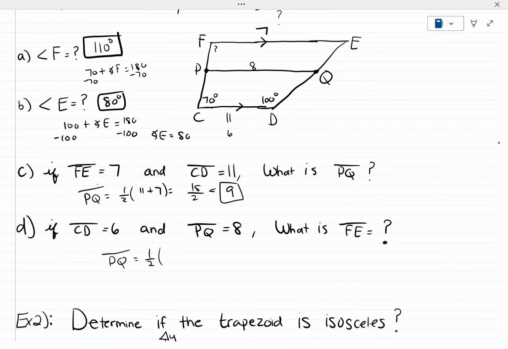Base 1 would be 6, plus base 2, which is, call it X. We know that PQ is 8, so 8 equals 1/2 times 6 plus X. Then you solve for X by multiplying both sides by 2.